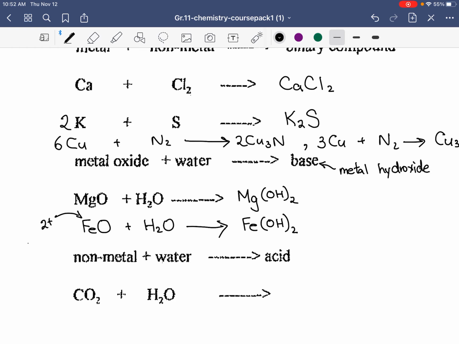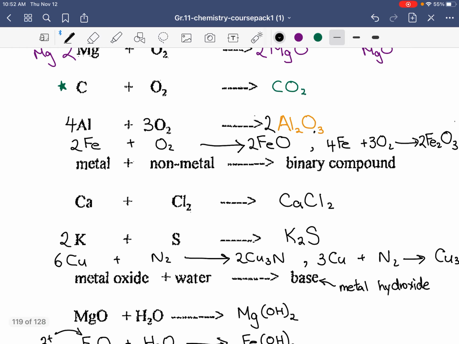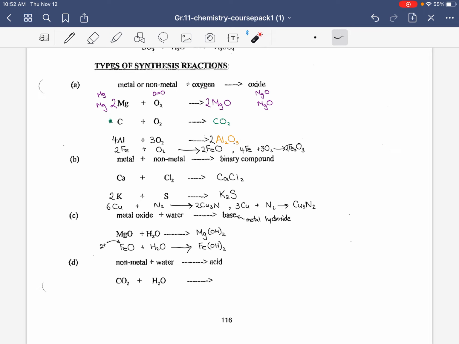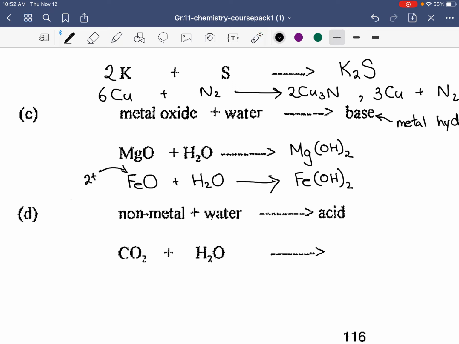Again, something to keep in mind. All right, lastly, I have these non-metal oxides, like carbon dioxide, or maybe even sulfur trioxide, or maybe even nitrogen dioxide. These are all non-metal oxides. If you put non-metal oxides together with water, you're going to get an acid.